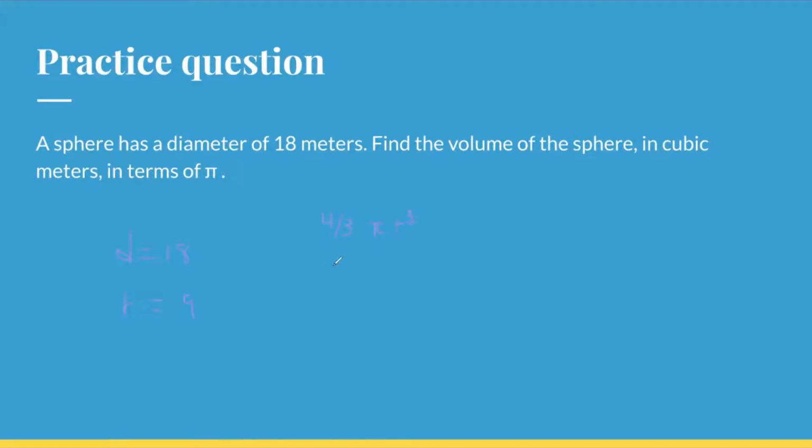And we would plug in the r, which is 9 cubed.